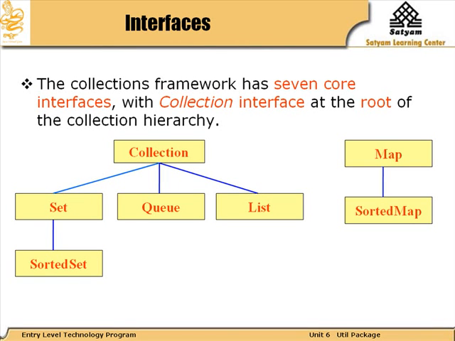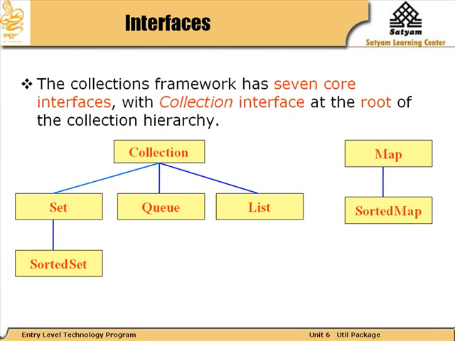All classes implementing the set interface provide the unique collection objects. The queue interface provides the additional methods for queue operations, that is, first in, first out. This implies that the first object added to a queue collection needs to be removed first.